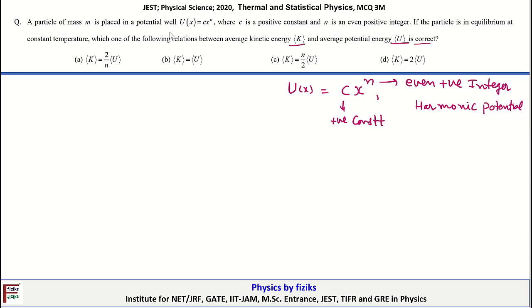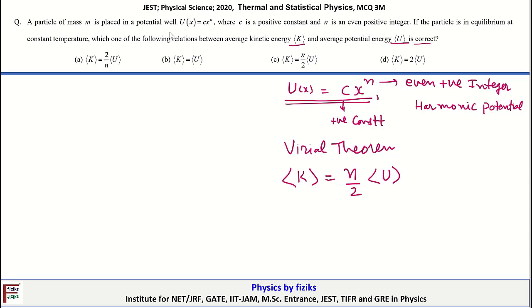Basically, we can identify the correct answer by using the Virial theorem, which says that when the particle is subject to this kind of potential, the average kinetic energy is equal to the exponent of x, that is n divided by 2, times the potential energy U. Therefore option C is the correct one here.